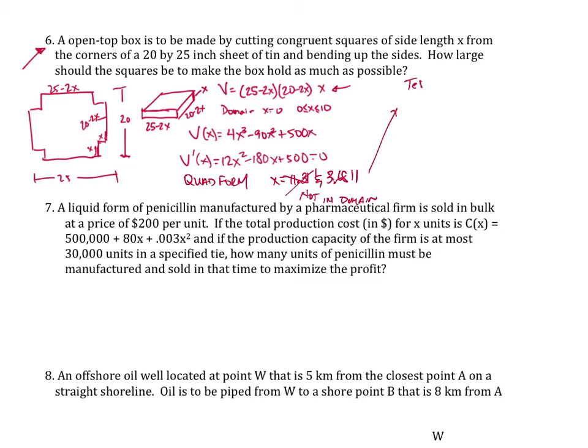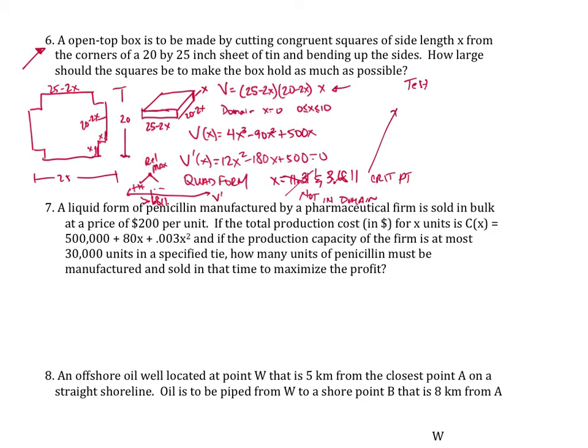So what do I have to test? This is my critical point, 3.6811, and you can put it on here, and you'll see that this goes from positive to negative, so it will create a relative maximum if you wanted to test it on V prime.